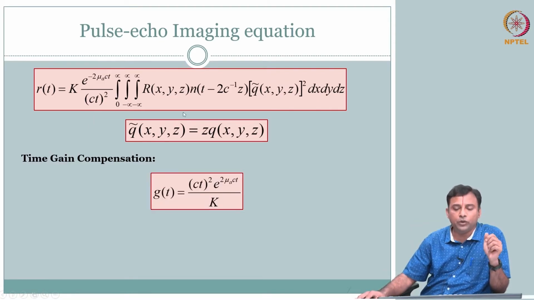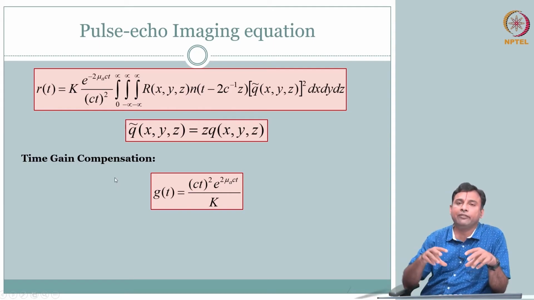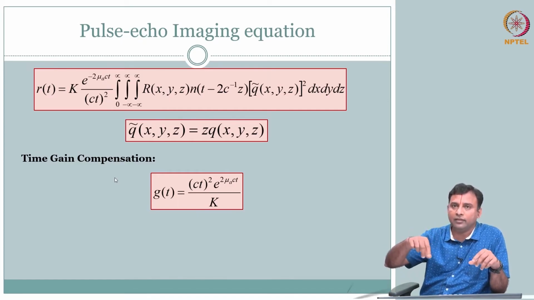So, to make it simple looking, we will introduce a gain function which compensates for this, and therefore this can be provided. Usually you have a potentiometer, a button that is given, and you can adjust that. There will be slider buttons essentially, because they want to give a gain at each depth.